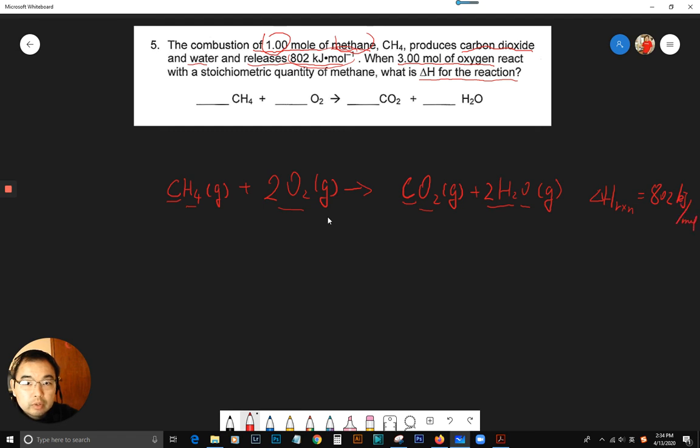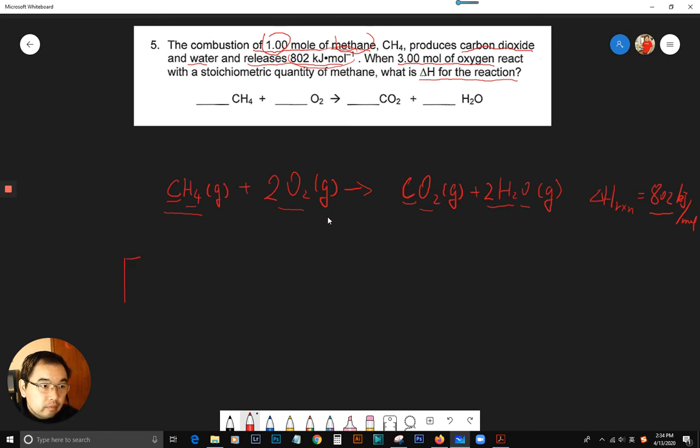Which means 1 mole of methane can generate that much heat.